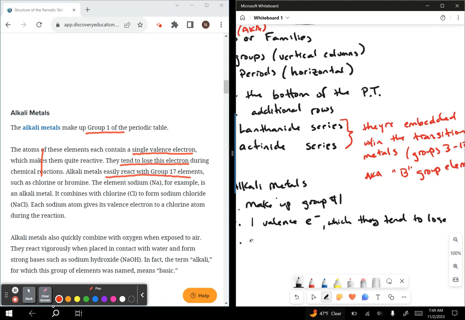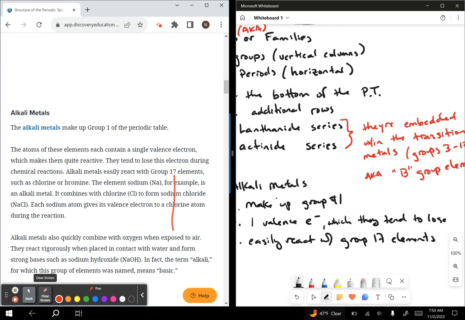They easily react with group 17 elements. Because group 17 elements have 7 valence electrons, they would like to have 8, so they want 1. And your group 1 elements more easily give up their 1 electron and drop an energy level, thereby achieving a stable valence. So they work hand in hand with each other.